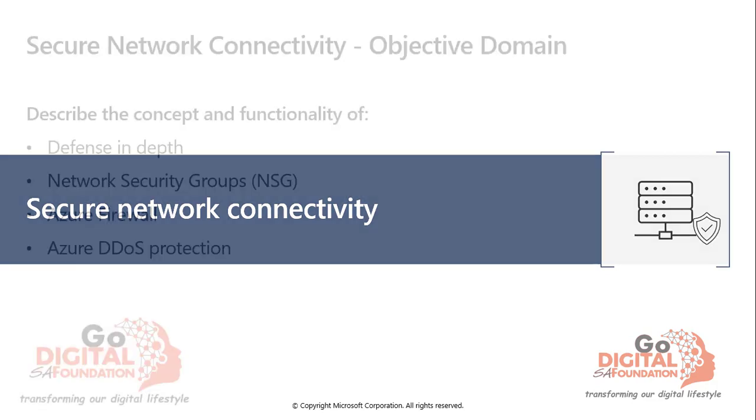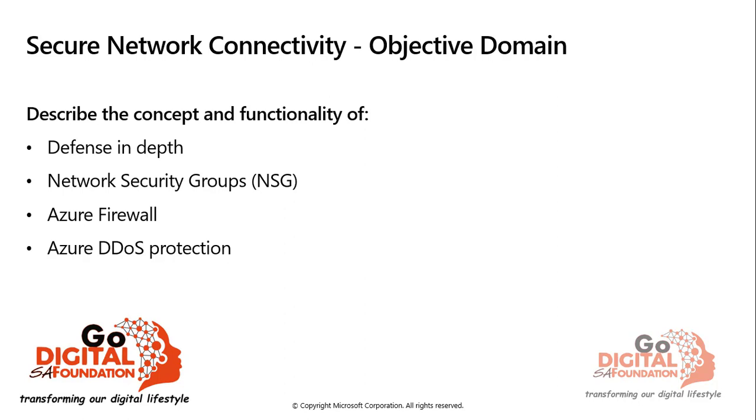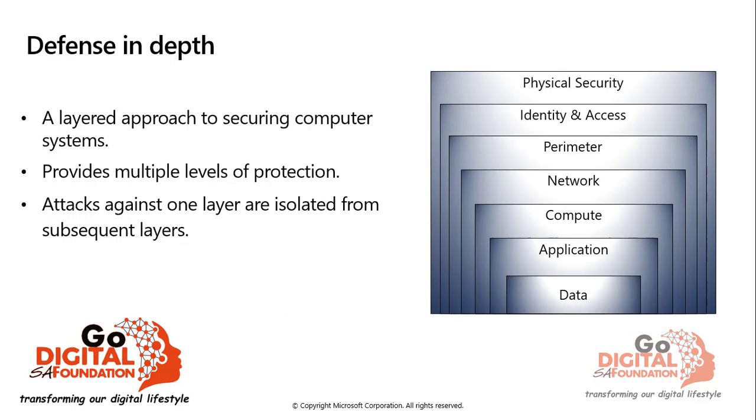All right, so in this objective domain, we will focus on defense in depth and look at how to implement network security groups and what they are used for, the Azure Firewall, and then Azure DDoS Protection. Just like in any company, there are always security levels.